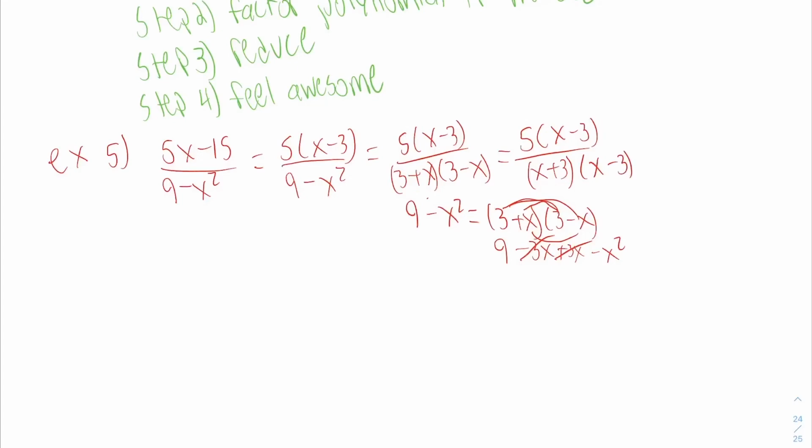And if we took a negative out of both of those, we put it out in front. So now we have an x minus 3 and an x minus 3 that we can reduce out, and we have 5 over negative x plus 3. If you wanted to, you could put the negative up there. As long as you put the negative somewhere and it's multiplying the first thing of either the top or the bottom, that's fine.